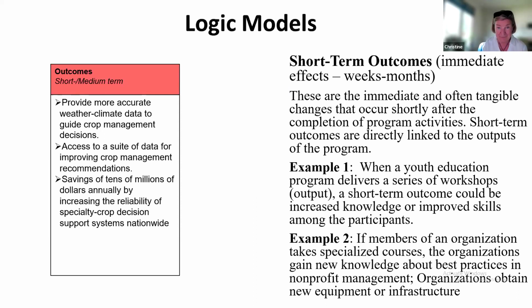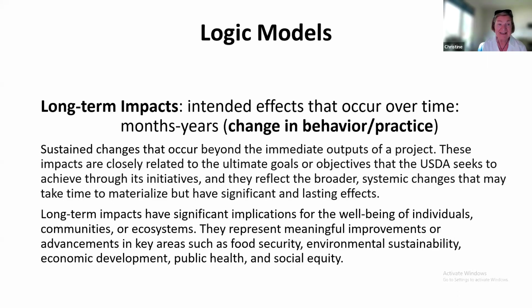This is typically afterwards. Long term, these are the intended effects that occur over time, probably over years, changes in behavior and practice. Sustained changes that occur beyond the immediate outputs of the project. These impacts are closely related to the goals that you stated earlier and the objectives that the USDA seeks to achieve through its initiatives.